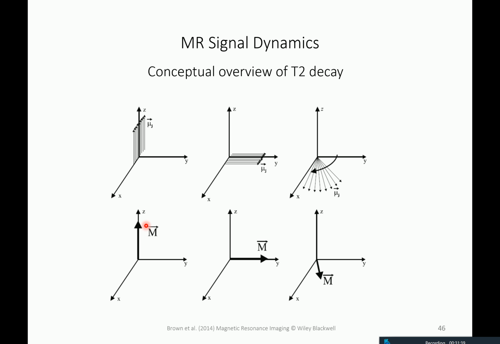It first is relatively big and corresponds to the net magnetization in the Z direction, and then it gets smaller. The idea is that they are losing phase coherence because they interact. But the more important thing from an experimental perspective is that the signal gets smaller, and it gets smaller with a given time constant, which is called T2.